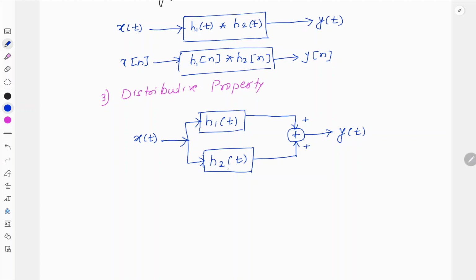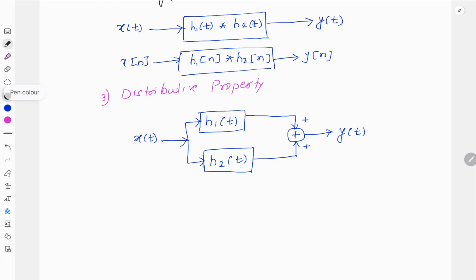The h1 and h2 systems are connected in parallel, and we have an adder block which adds the outputs of these systems. Both systems are applied with the same input x of t. After the addition of the responses from h1 and h2, we get the desired output y of t.